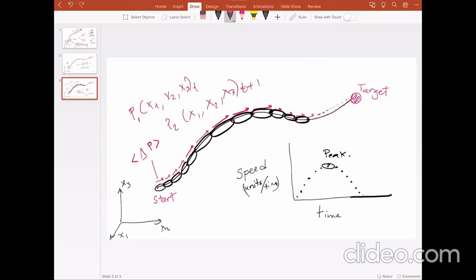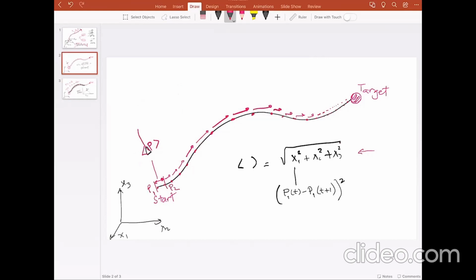And so you take this magnitude here by obtaining the difference, so you can then take the delta, which comes from the difference between the two P's, and obtaining the norm of that. So the square of each one of the components, and then take the square root of that. And so that would come from that computation.